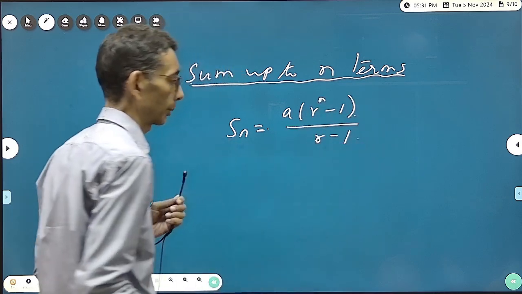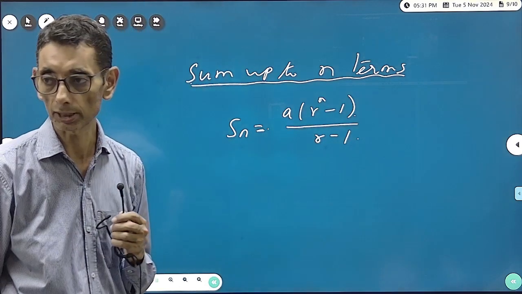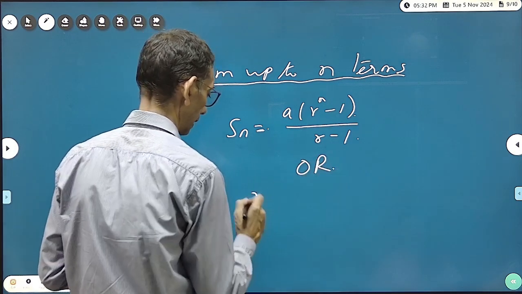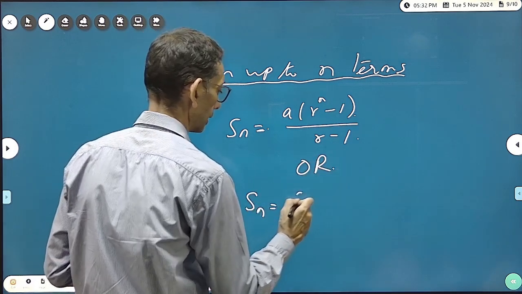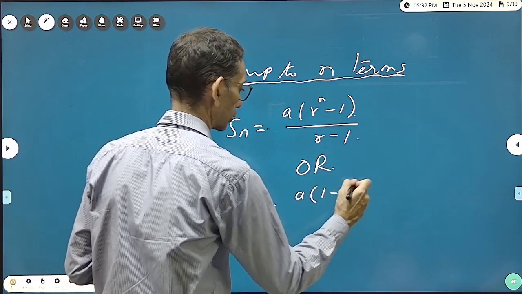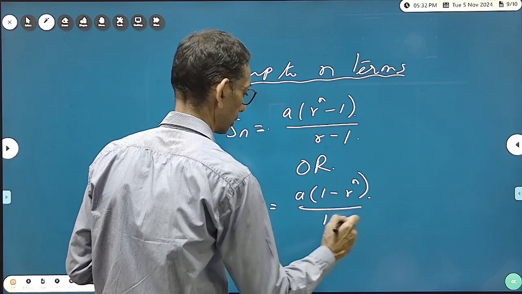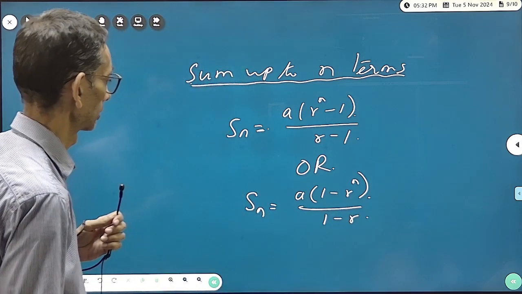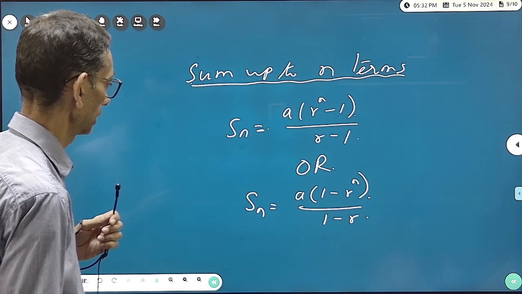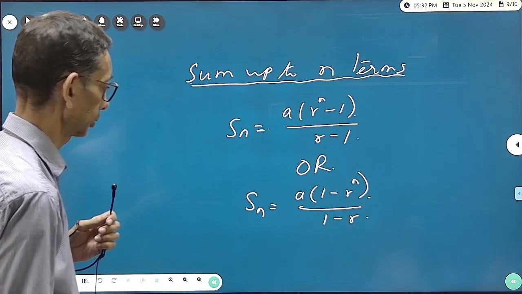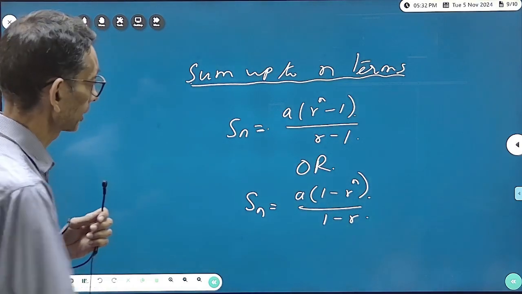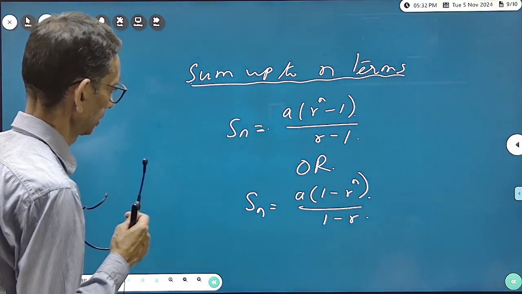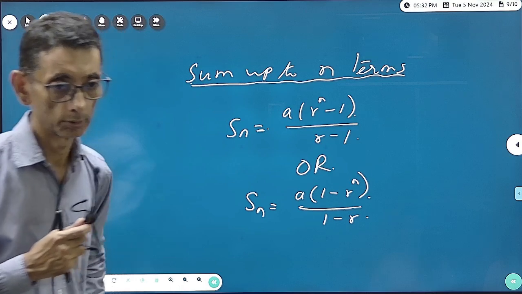This is called the sum up to n terms in a GP, or Sn equals a into 1 minus r to the power n divided by 1 minus r. Right? Either this formula or this formula you can use. Hold, yeah, note down the formulas.